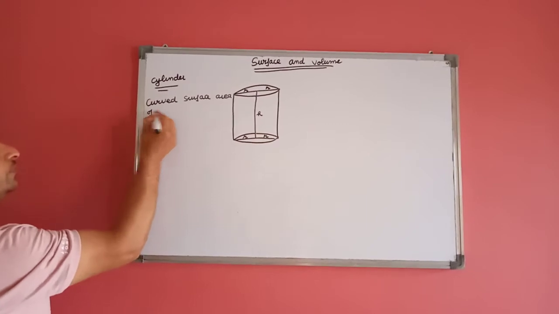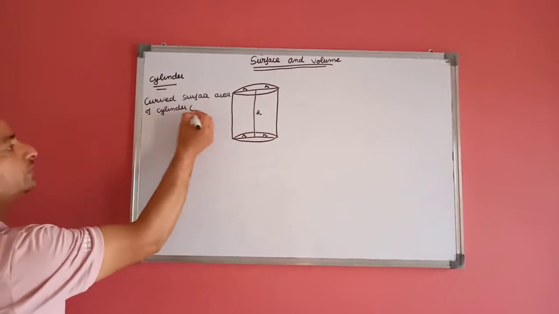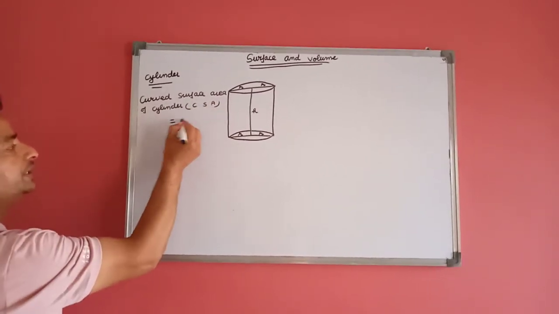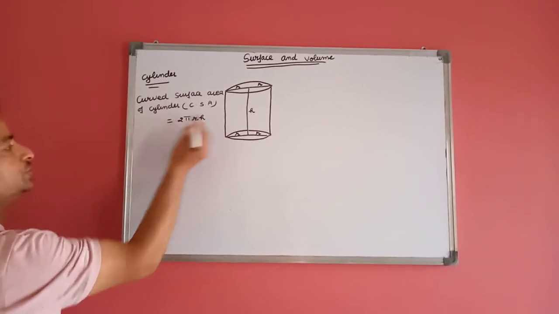area of cylinder, which in short form we write as CSA, curved surface area, which is equal to 2 pi r h.